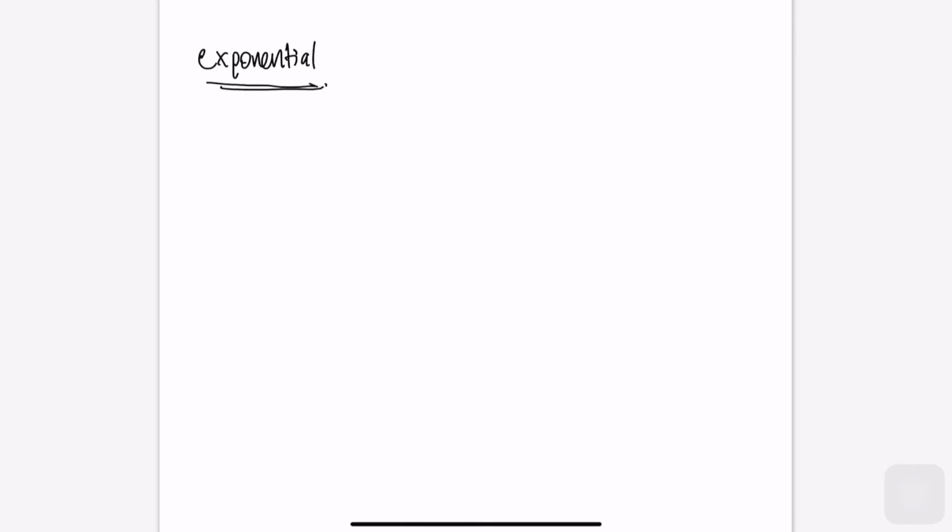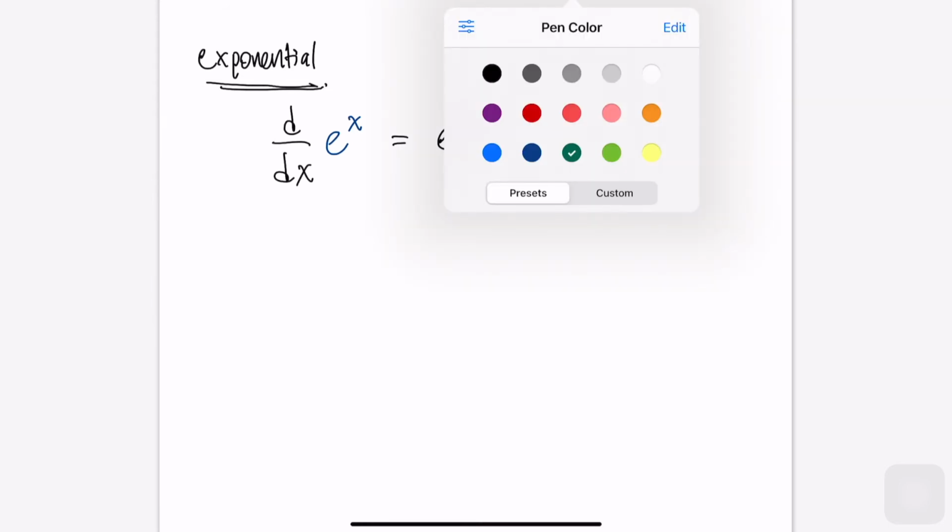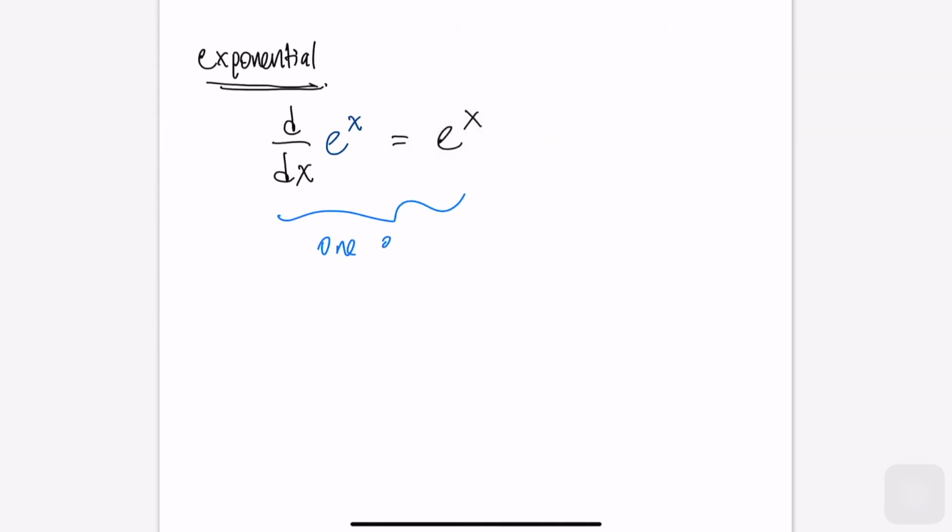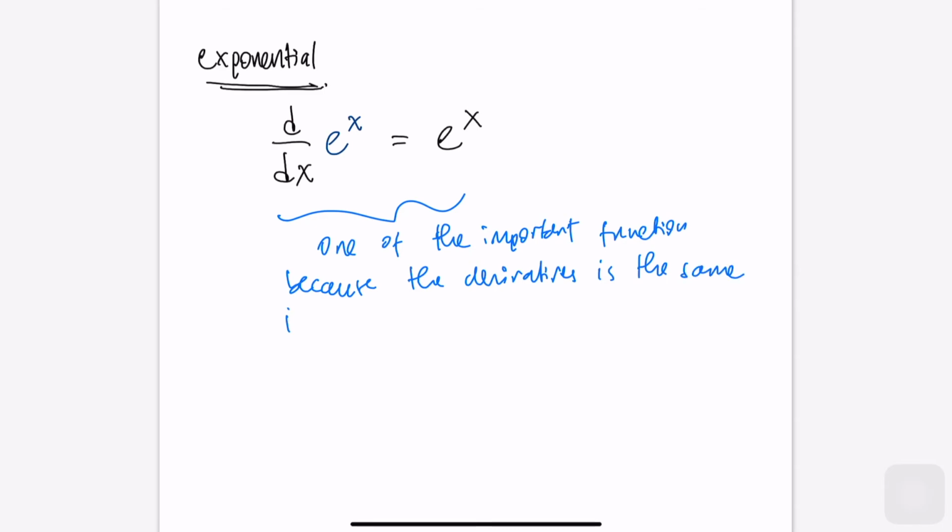As you may know from our course, we already learned that if we take this derivative, it will be the same thing as the original equation, and I think this is one of the important functions, because the derivative is the same as its function, right?